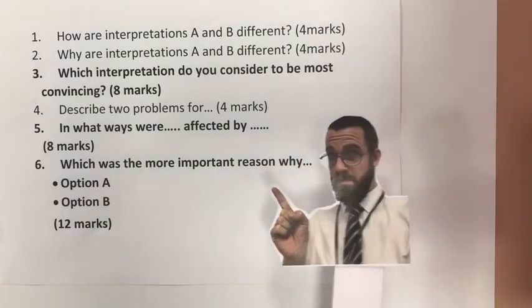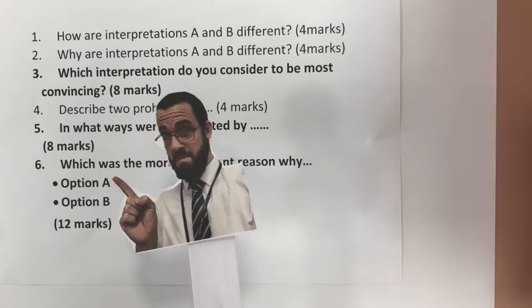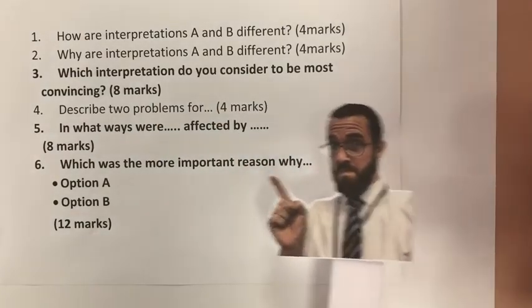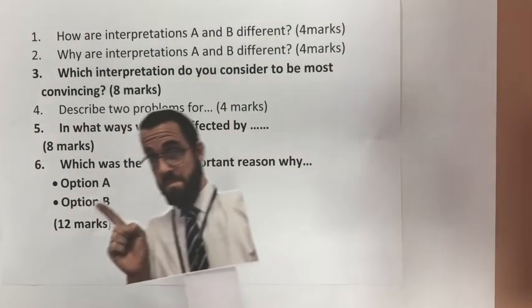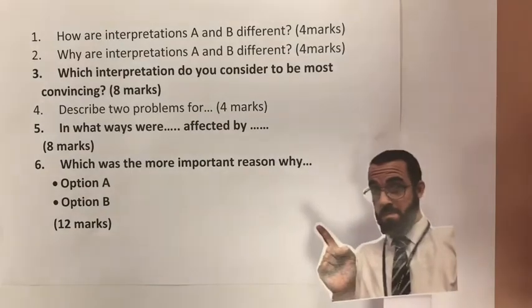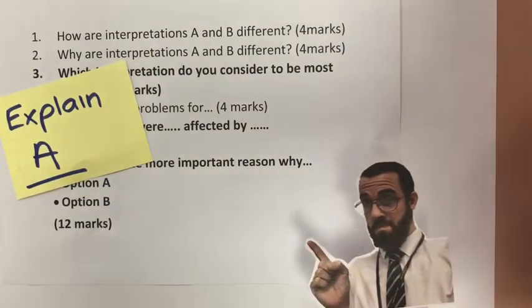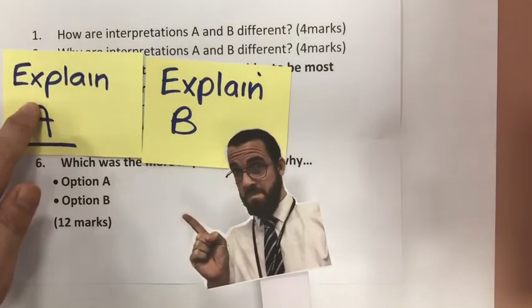Okay, last question, the 12 marker. You're going to be asked which was more important for something, which was more significant for something. And you're going to be given 2 options, okay? Now what you must remember with this question is you must explain A and explain B. So don't just talk about one of them.